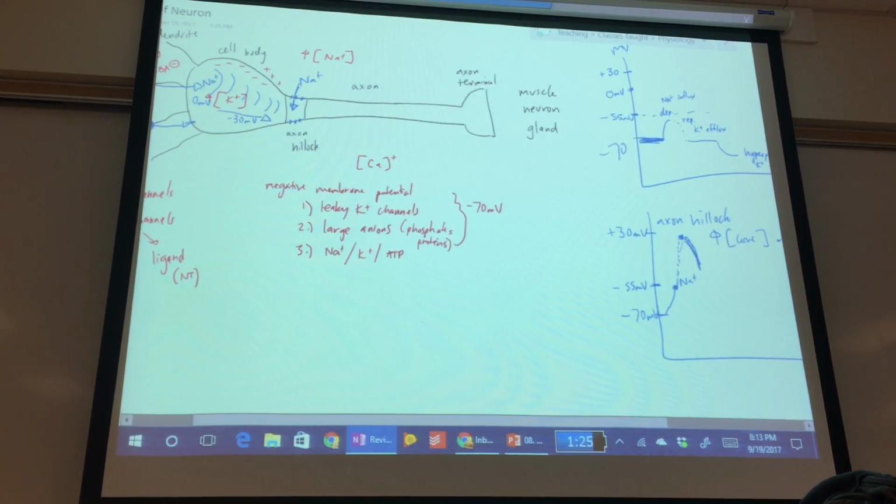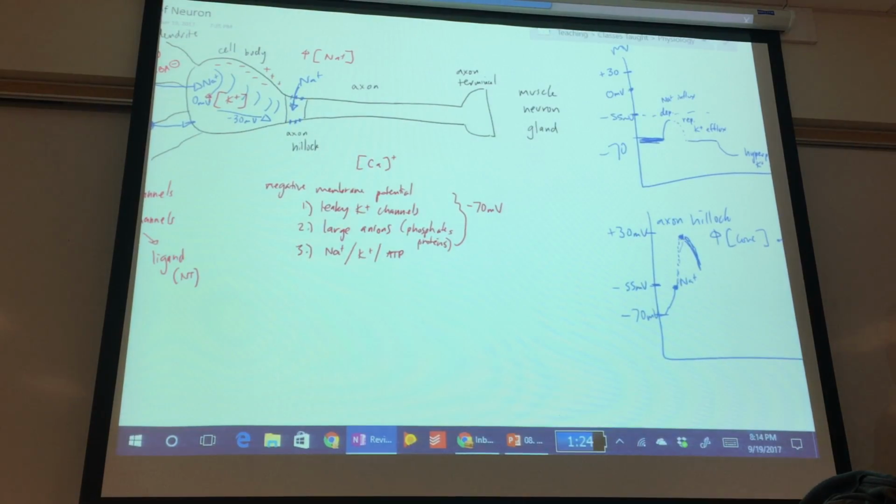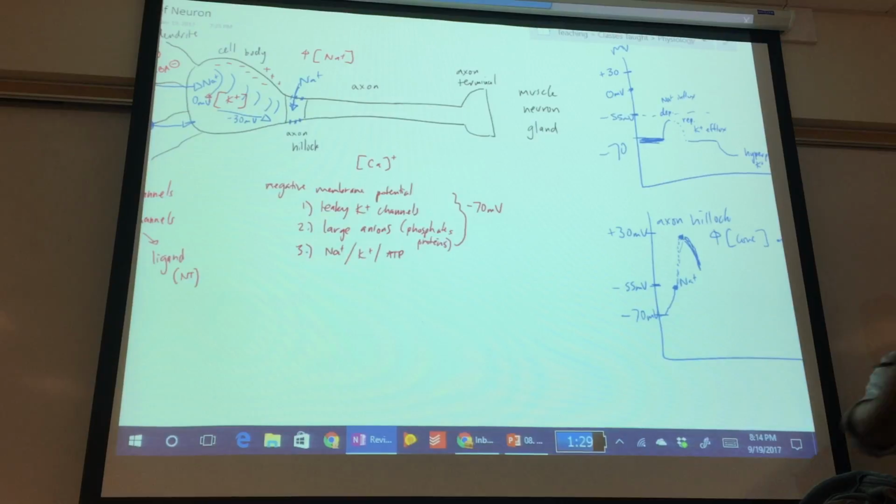What's causing the falling phase? Potassium moving out. Which channel? Our voltage-gated potassium channel. Yes. Now that our sodium channel is closed, our voltage-gated potassium channel is finally starting to open up a little bit more, and you've got a bunch of positive ions rushing out.